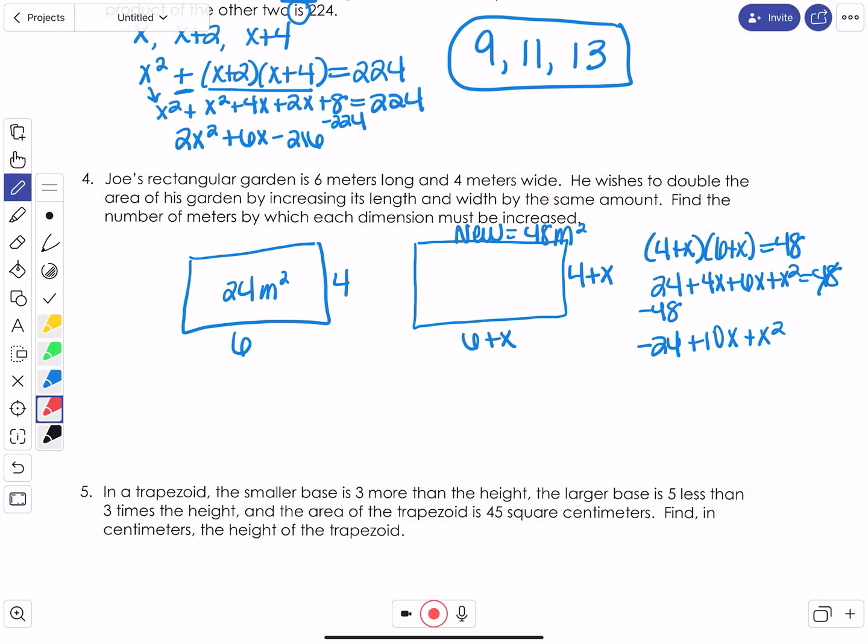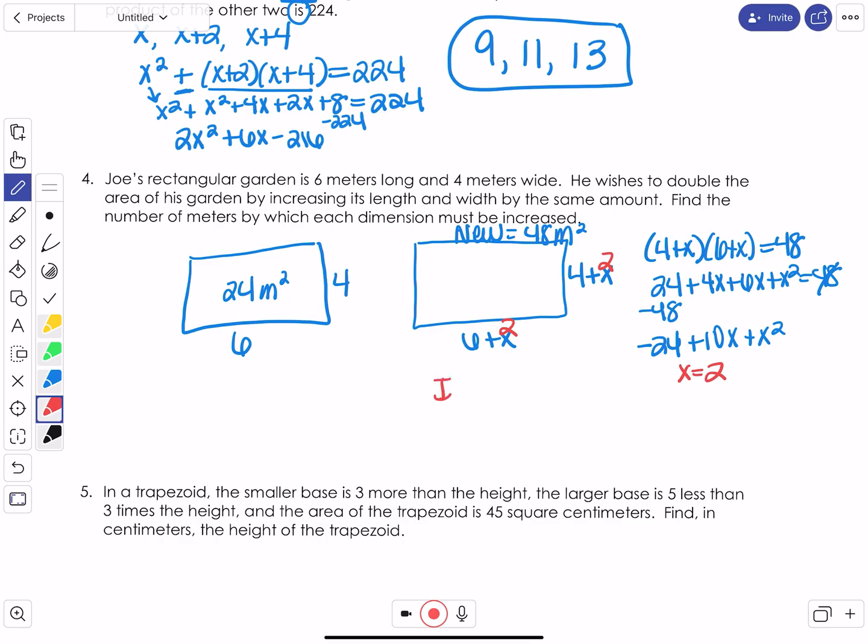Our x value is 2. That's what we just found. Now the question is asking, find the number of meters by which each dimension must be increased. So it's not actually asking for the new dimensions.